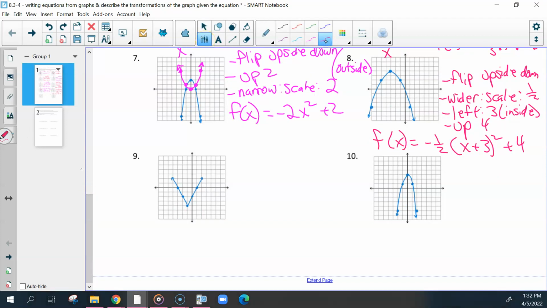Let's do these last two, and then you'll have time to practice. So number 9, which type of function is this? Absolute value or quadratic? Absolute value. And what changed?